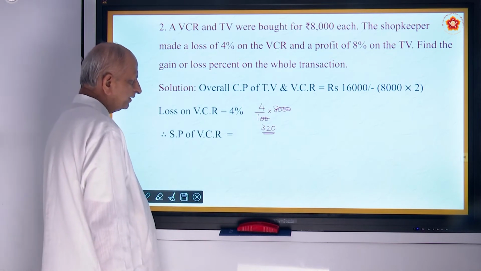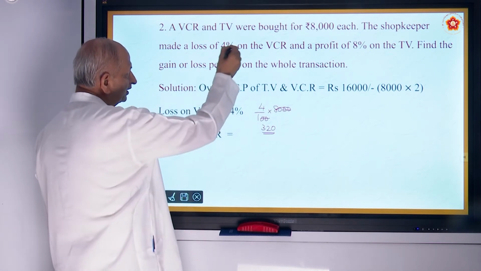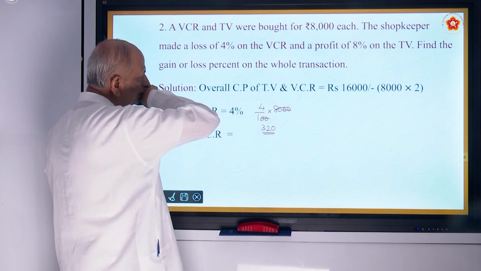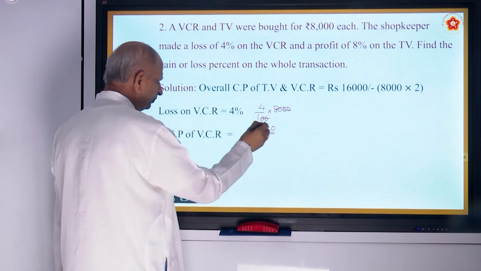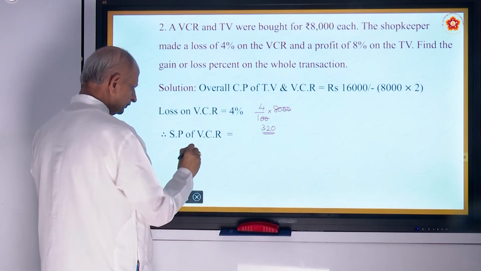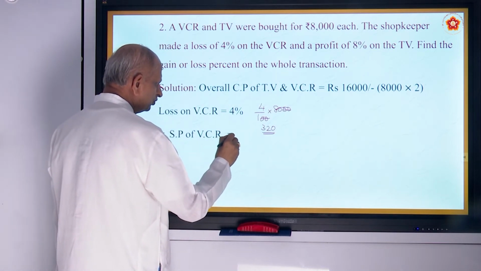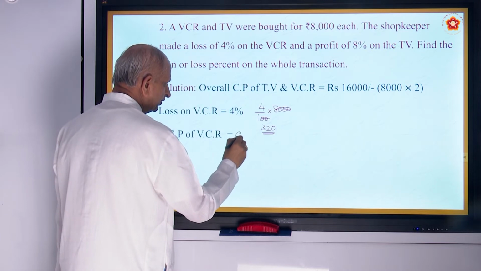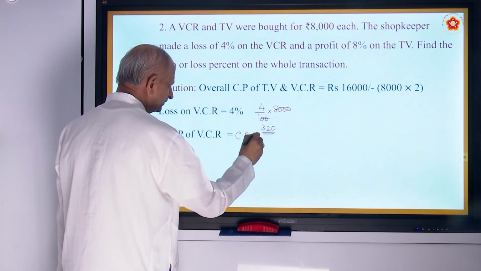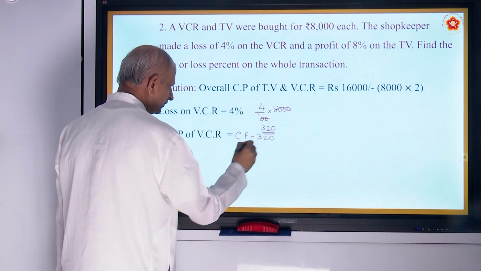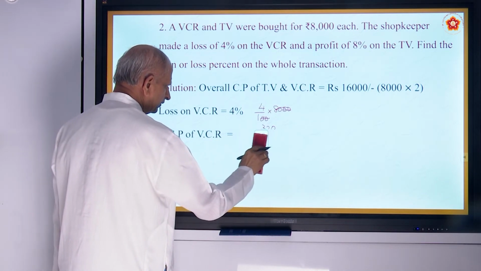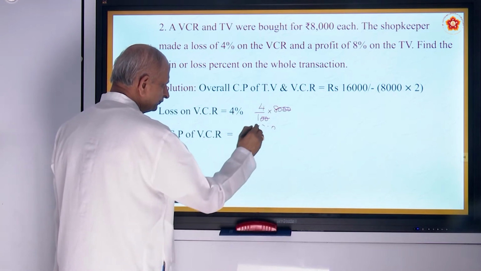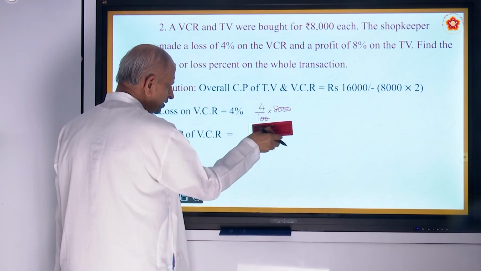So loss means what? So on VCR there is a 4% loss. So that is to be subtracted. So SP is equal to CP minus 320. This CP, this is 320.